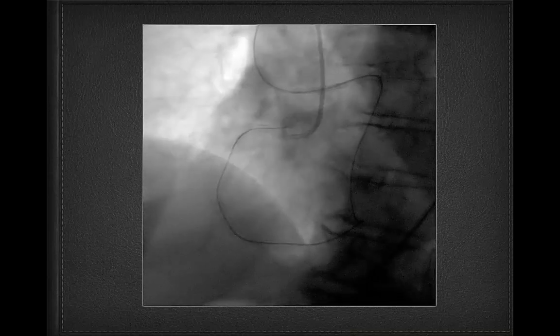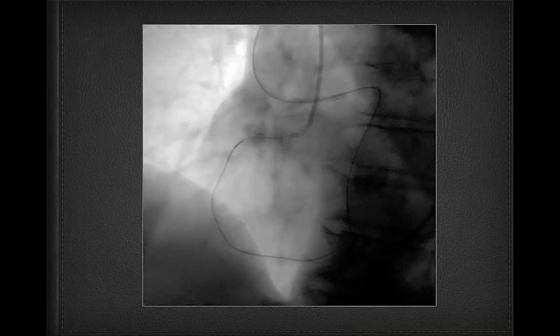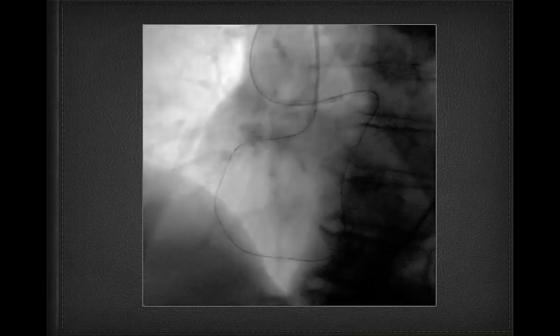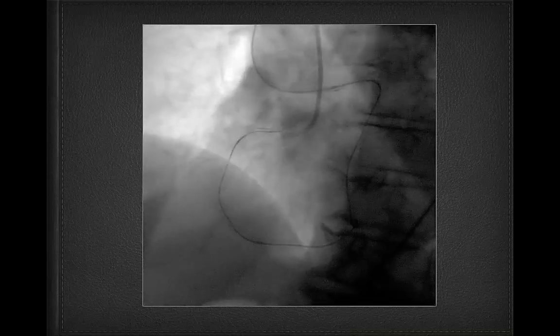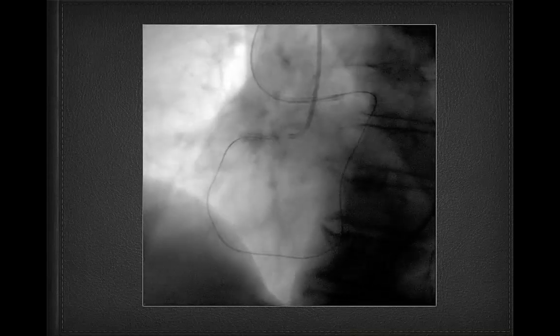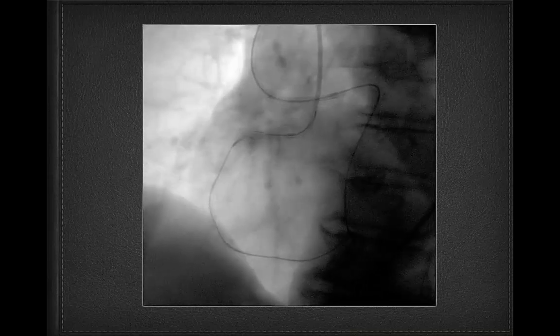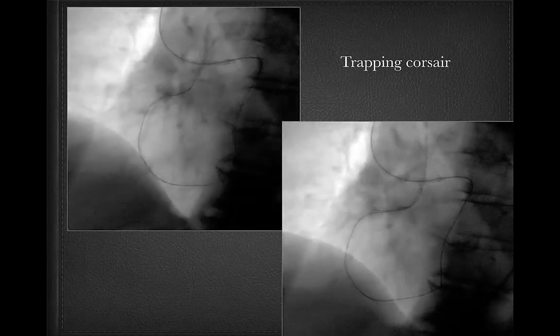So with this maneuver, you need to be two operators, because you can't use at the same time your wire and just moving your guiding catheter. So you need to work with some guys, and then you get inside. So it makes life easier now.